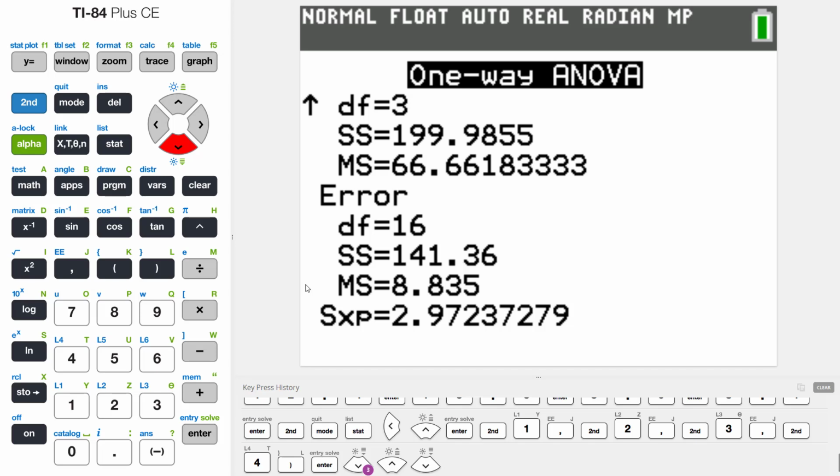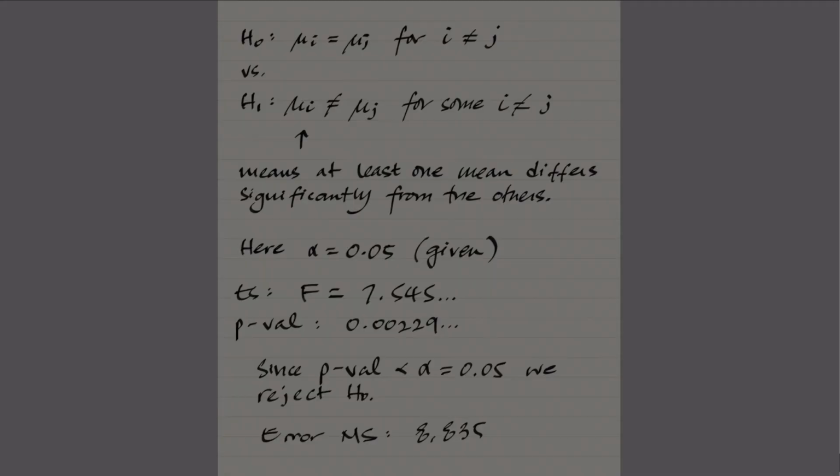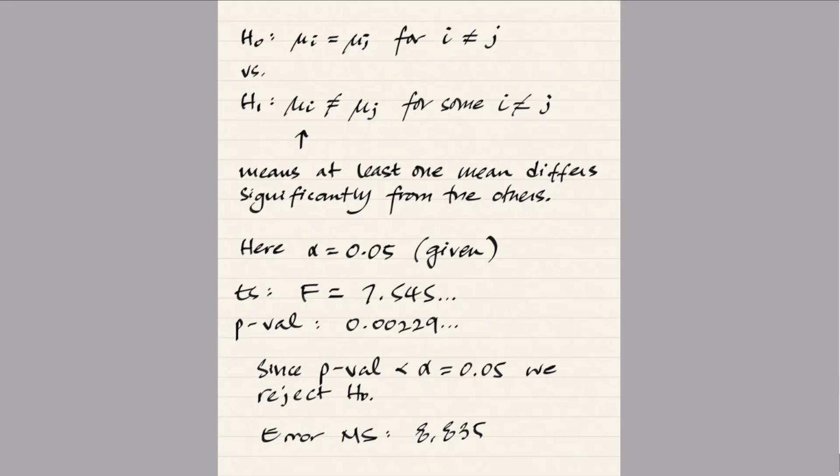Let's take a look at what we're going to be recording from these screens here. What you can see here is what I would typically write down for an ANOVA test, whether or not I'm going to reject, but I've added some conclusions here. Notice the null and the alternative hypothesis. That is a good abbreviated way to write them both.